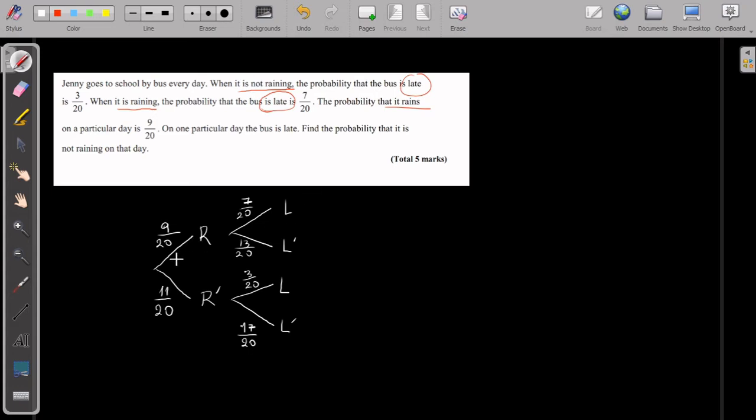Now, let us calculate these probabilities. To calculate this branch here, the probability of raining and being late is 9/20 times 7/20, which is 63/400.